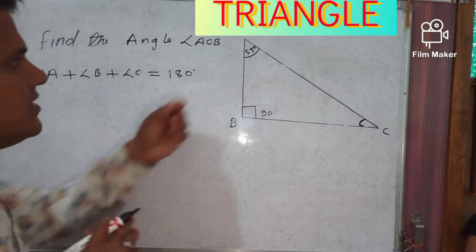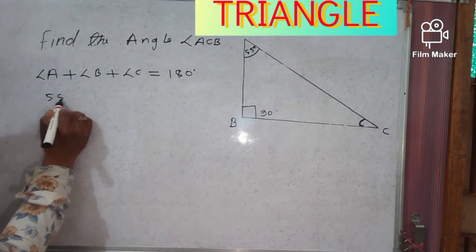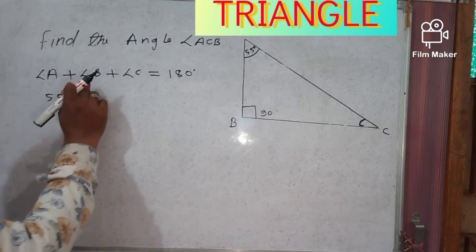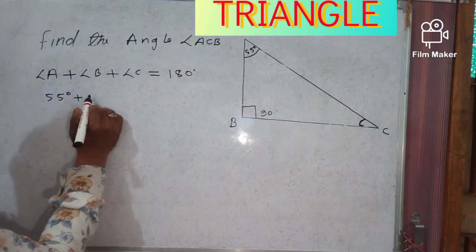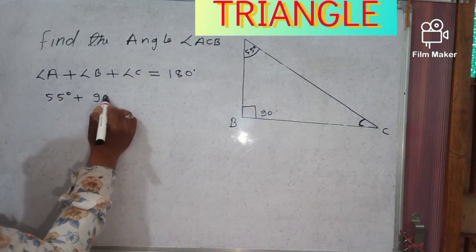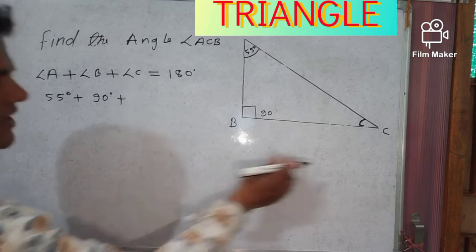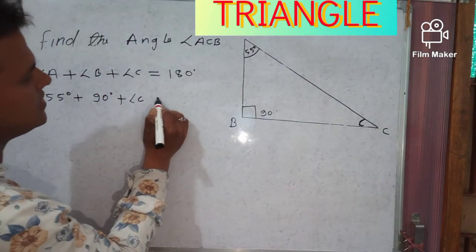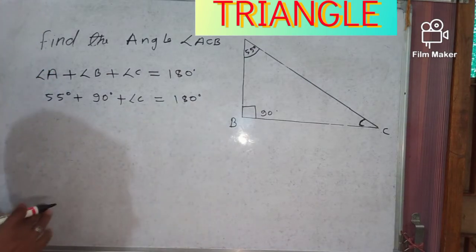In this figure, angle A is given as 55 degrees plus angle B is given as 90 degrees, plus angle C, which is unknown, so keep it as angle C, is equal to 180 degrees, right?